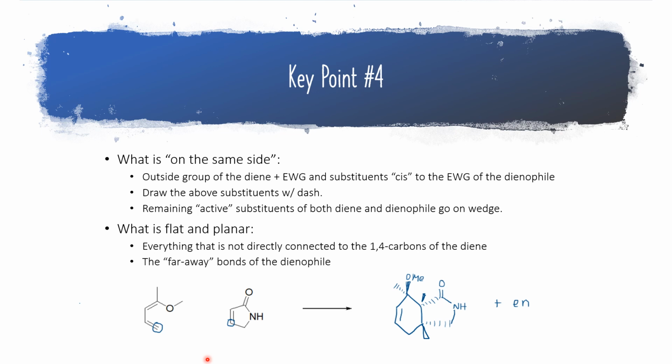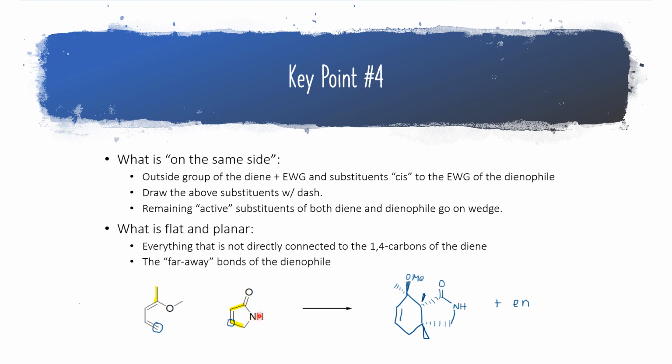So let's take a look on here. Here, highlighted in yellow, hopefully you can see it, that is going to be your outside group of the diene that I'm talking about. So the outside group is the one that sticks out of the diene.